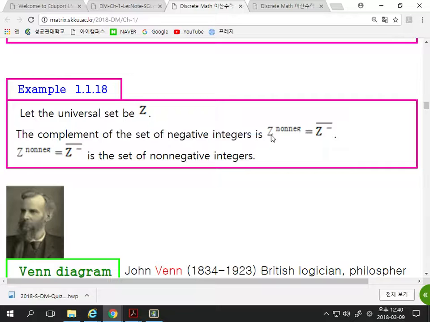Yes, it's the non-negative integers only. The non-negatives means the complement of the negatives. Okay, then everything is a non-negative integer.